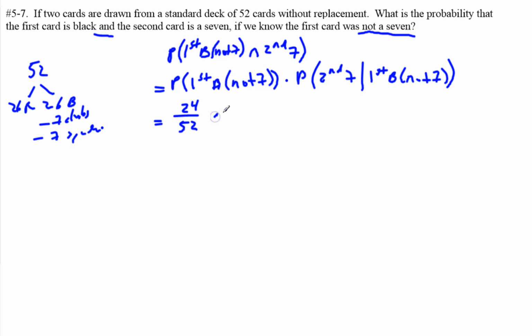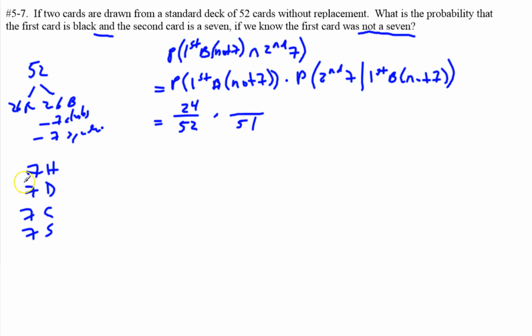Then we're going to multiply by the probability that the second is a 7, given that we chose one of these 24 cards. If we chose a card, there would be 51 cards remaining in the deck to choose from. The question is, how many of those would be a 7, if the first card was not a 7? If the first card was not a 7, then all 4 7s are still in the deck: the 7 of hearts, diamonds, clubs, and spades.